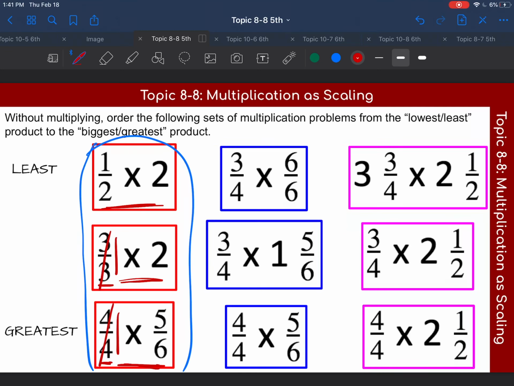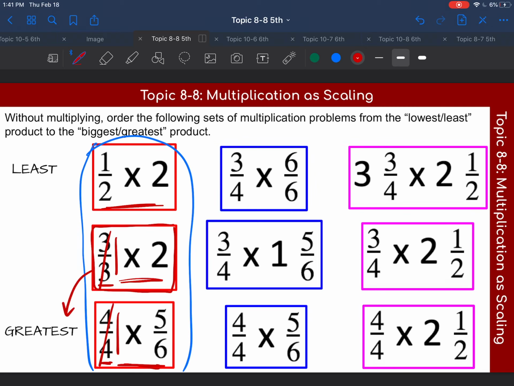This 2 times 1 is definitely going to be the greatest. So on your virtual notes, you are going to take this box and move it down.